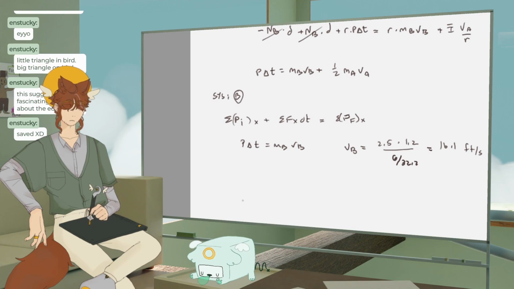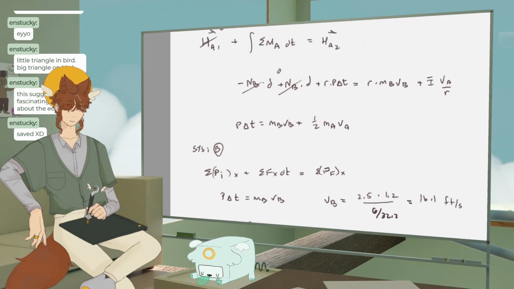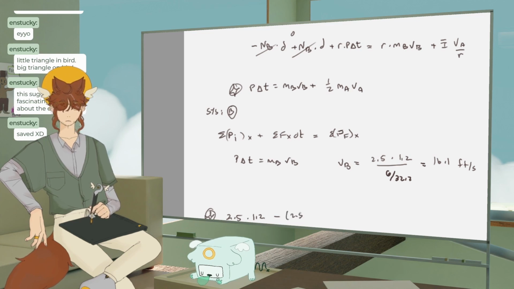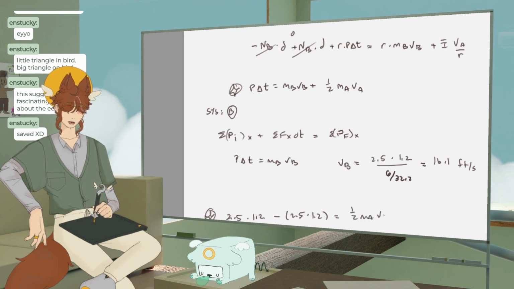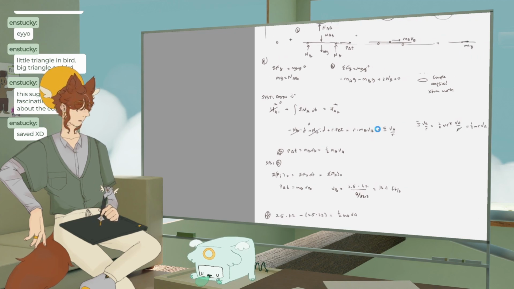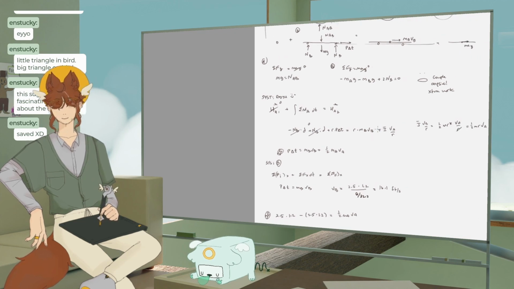And then m v. Okay, so P, so I'm just gonna do a little of this. So 2.5 times 1.2 minus 2.5. Uh-oh. Uh-oh, guys. Okay, we goofed something. We goofed something because it's P_A equals.